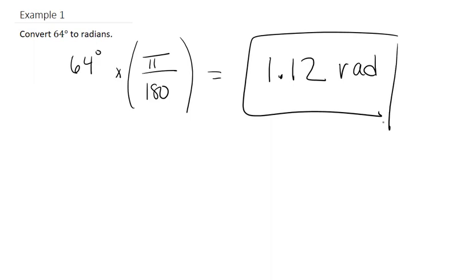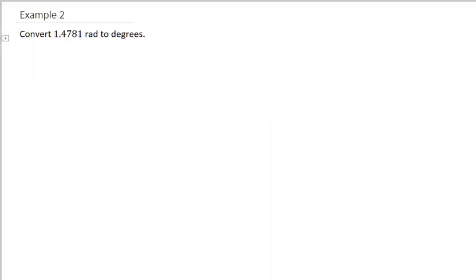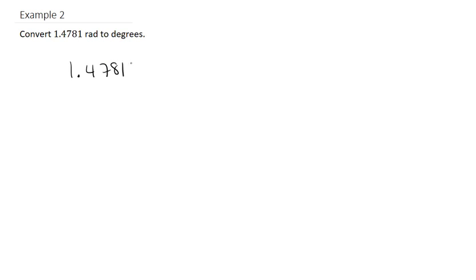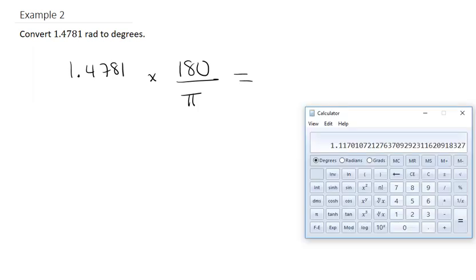Now let's look at another example. Convert 1.4781 radians to degrees. So to go from radians to degrees, we're going to need to multiply by 180 over pi. So let's get our calculators out.